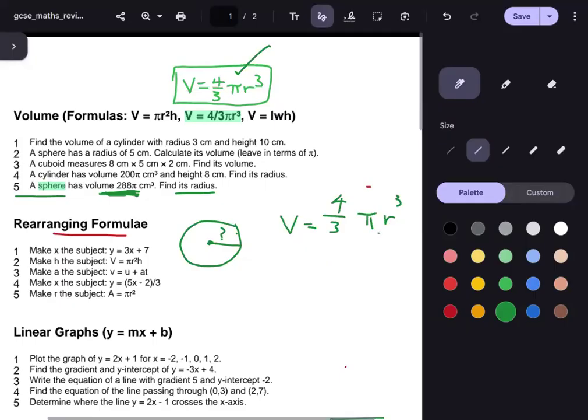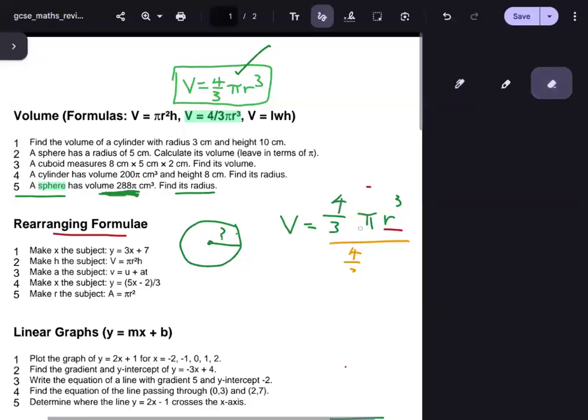Remember what I told you, whenever we have a formula and we're trying to make r cubed the subject, we need to get rid of whatever is next to it. So what you do is divide both sides by 4 over 3. Actually, you can multiply both sides. Let me just make it smaller so I can do this more easily.